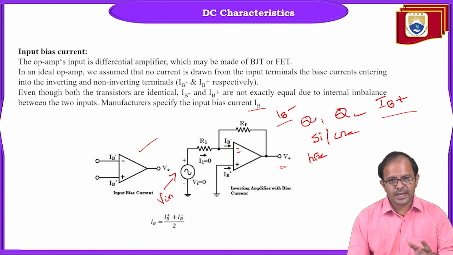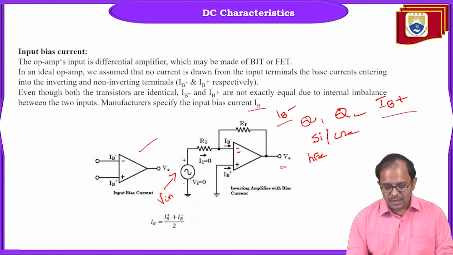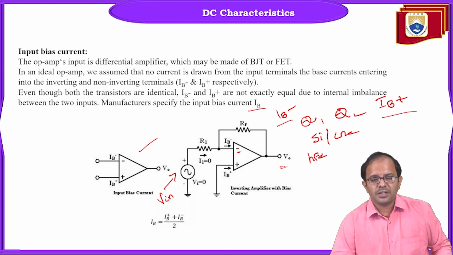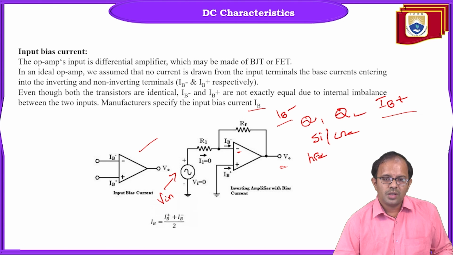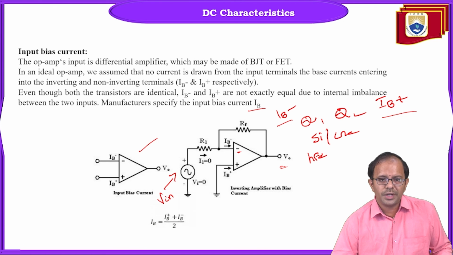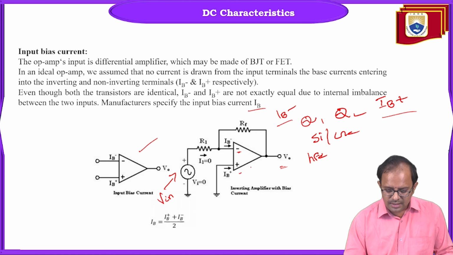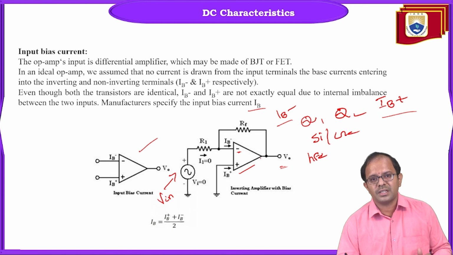And the two bias currents are defined as IB minus across the inverting terminal and IB plus across the non-inverting terminal. Now one general question: since the non-inverting terminal is connected to ground, how are we going to define the bias current IB plus across the non-inverting terminal?